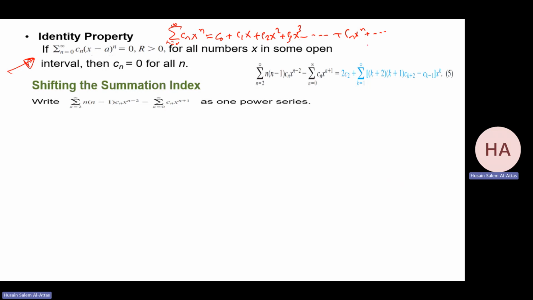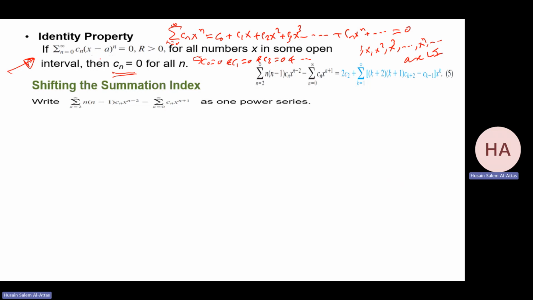I know that 1, x, x squared, x cubed, x to the power n are all linearly independent. So if this is equal to 0, all coefficients should be 0. That means C0 is 0, C1 equals 0, C2 equals 0, and so on. So I have Cn equal 0.